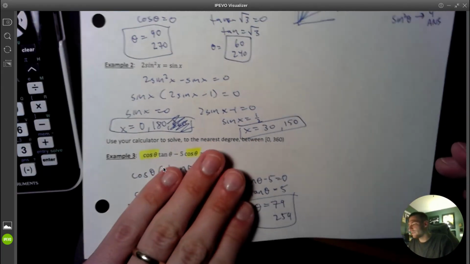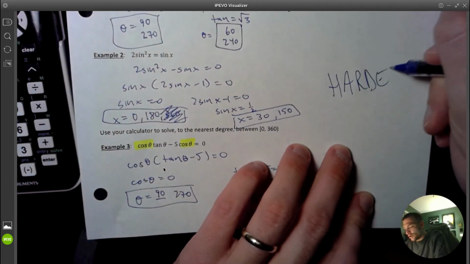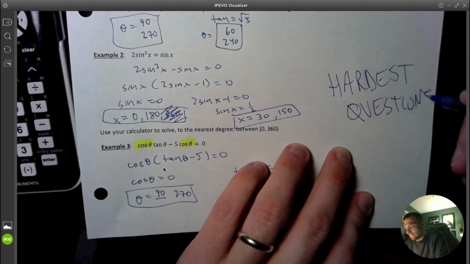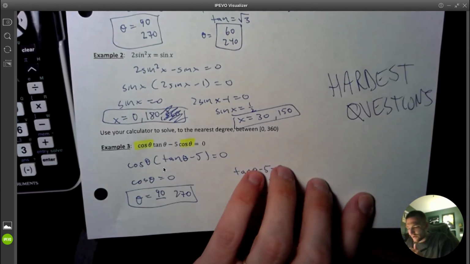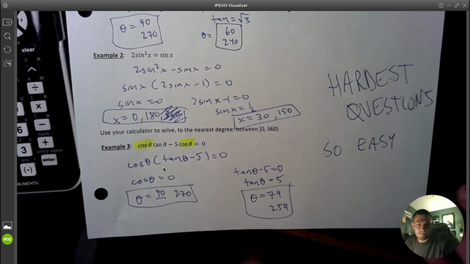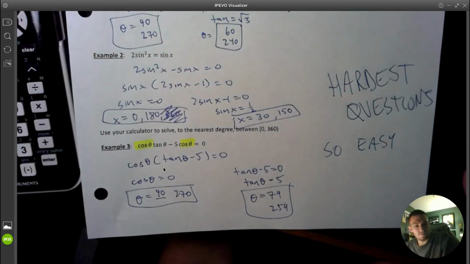I will be 100% honest with you, okay? These are the hardest questions. And the reason they are the hardest questions is because they are so easy, okay? You will always get the section 1 questions right every time.